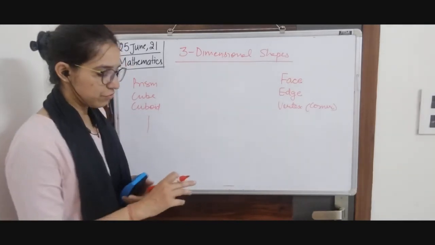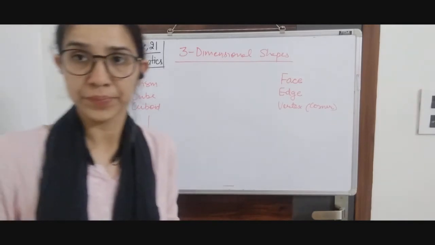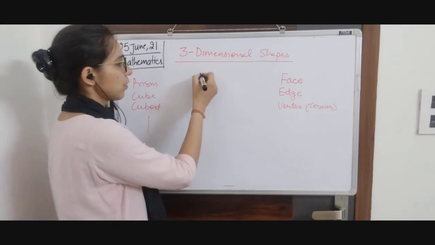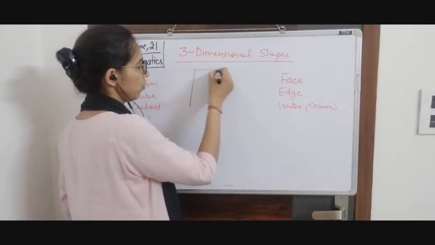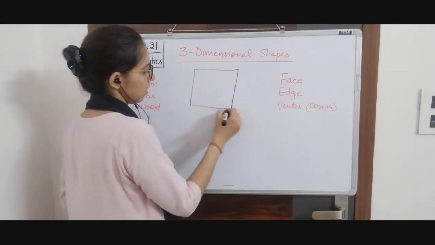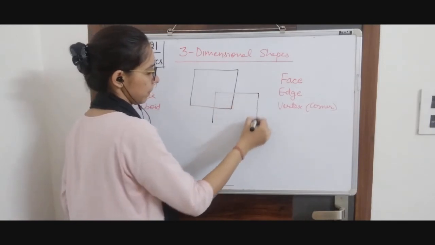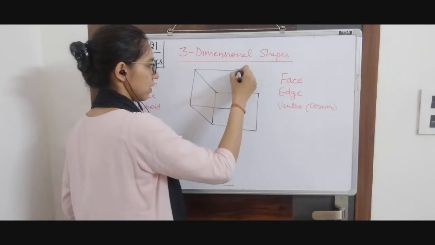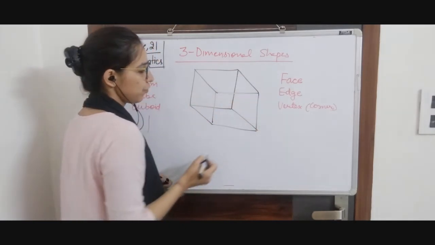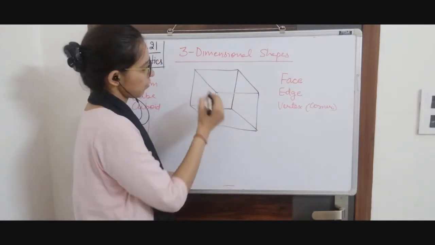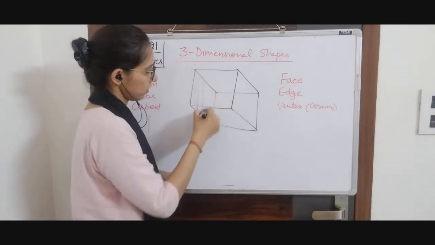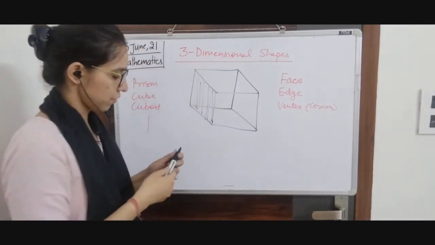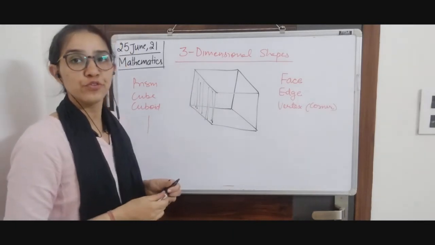What do we mean by face? The flat surface. Suppose I am drawing a cube like this. The flat surface, suppose this one, will be called a face.